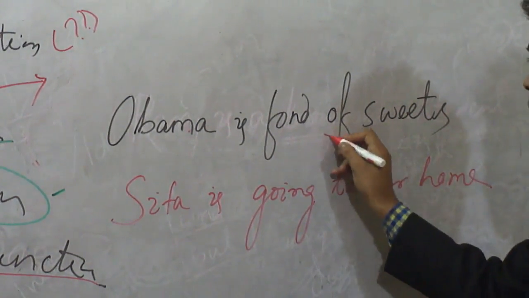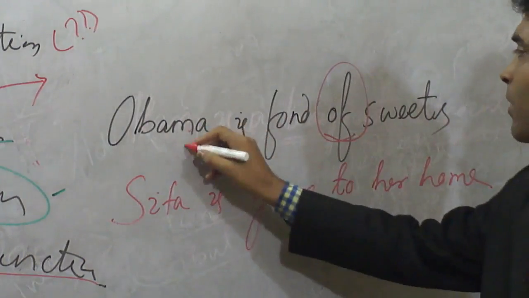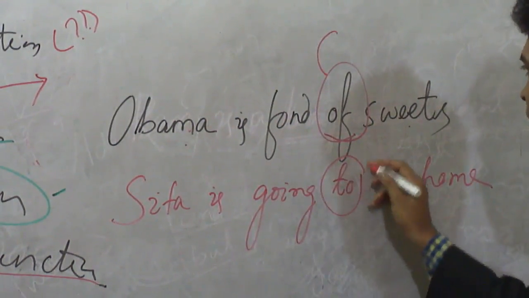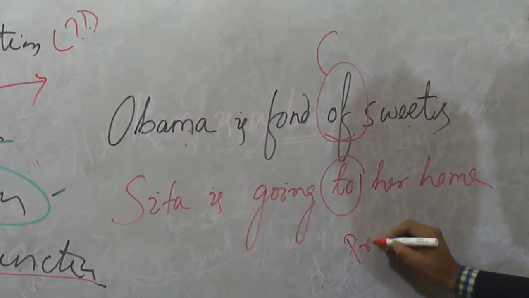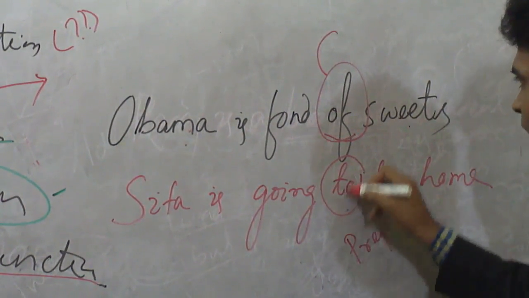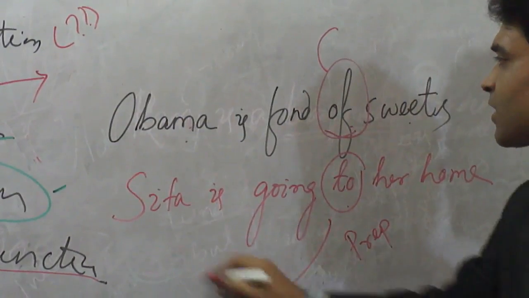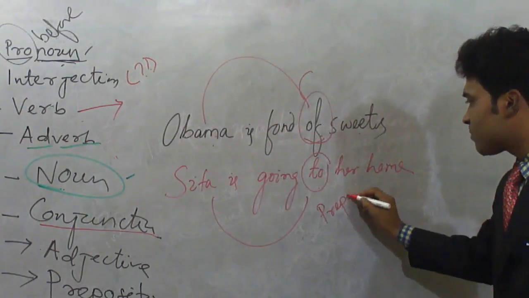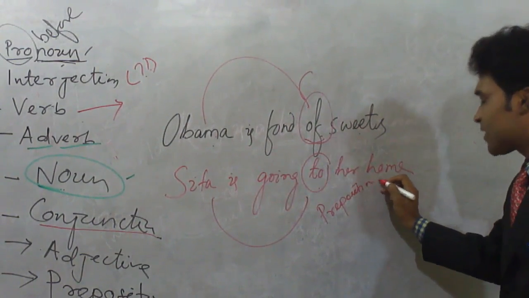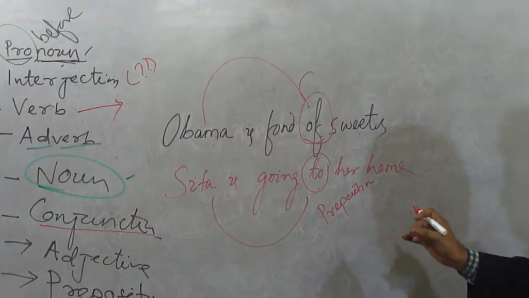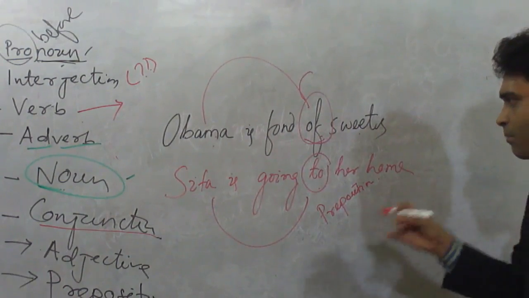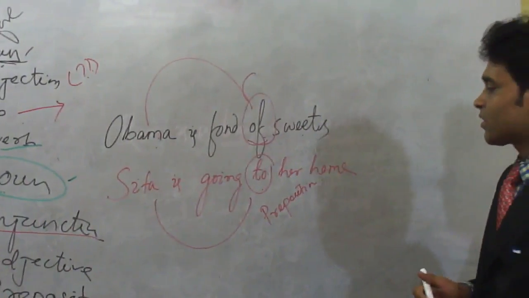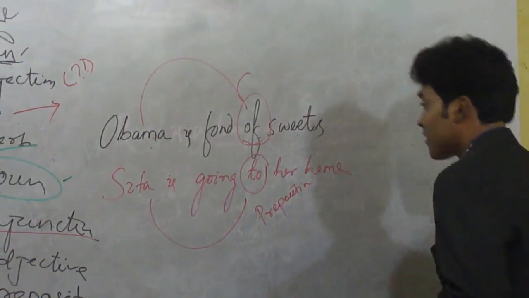Here, this of in Obama is fond of sweets, and this to are examples of prepositions. That means this to is talking about Sita, and this of is talking about Obama. That's why it's known as a preposition, because, as I have already mentioned, the words which talk about a noun or pronoun are known as prepositions.